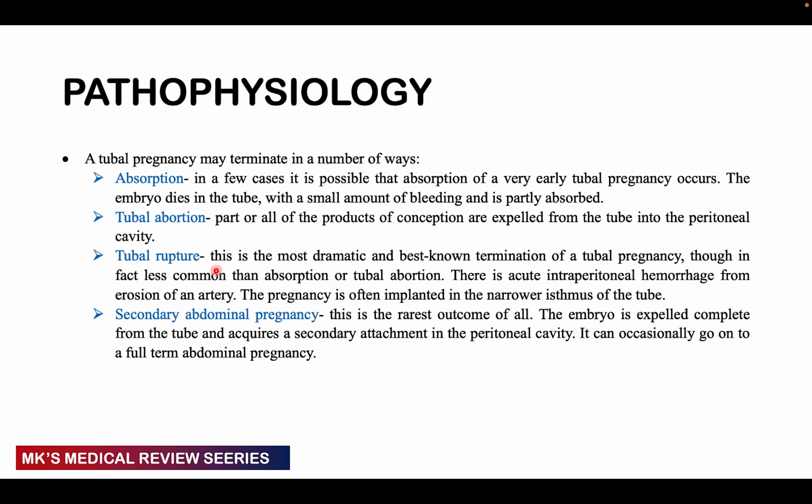And remember that this pregnancy is often implanted in the narrow isthmus of the tube, so they carry the risk of rupture. And then you may sometimes have a secondary abdominal pregnancy, which is the rarest outcome of the 4, and here the embryo is expelled from the tube into the peritoneal cavity, and there's going to be this secondary attachment, and eventually this can sometimes be carried to a full-term abdominal pregnancy.